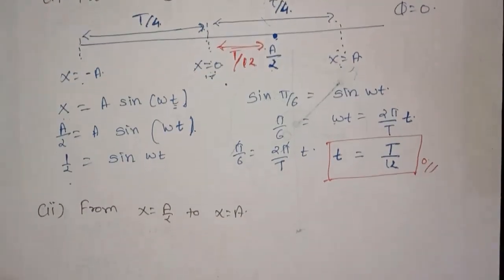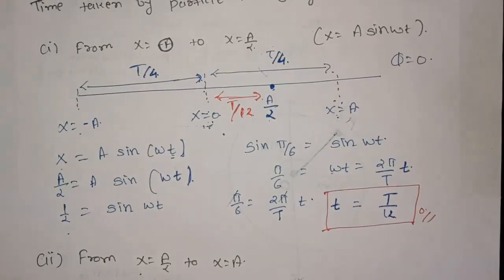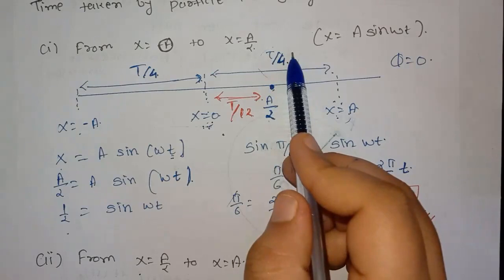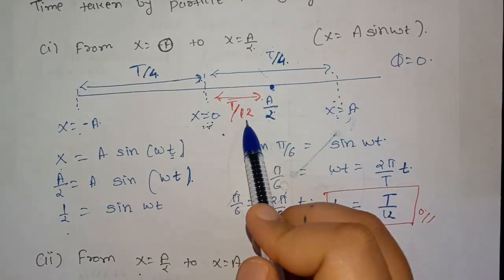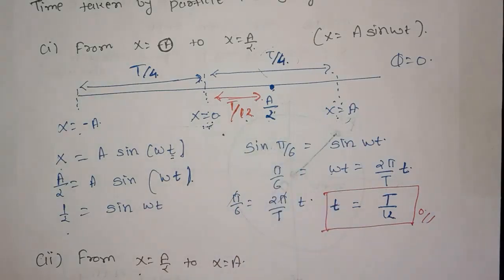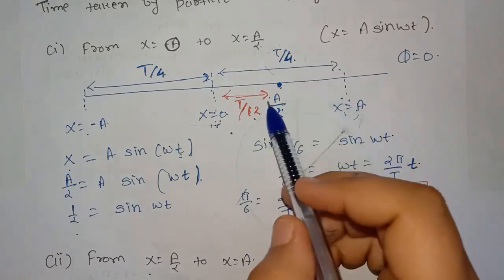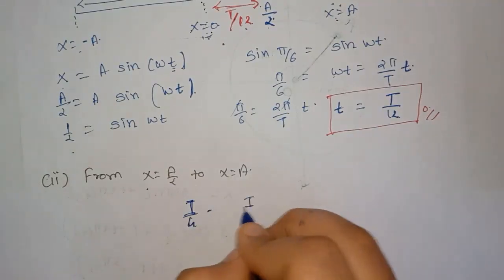Now we want to find the time taken by the particle to move from x equals A by 2 to x equals A. Now let's see. From 0 to A, total time is T by 4. From 0 to A by 2, total time is T by 12. So from A by 2 to A, the time will be T by 4 minus T by 12.